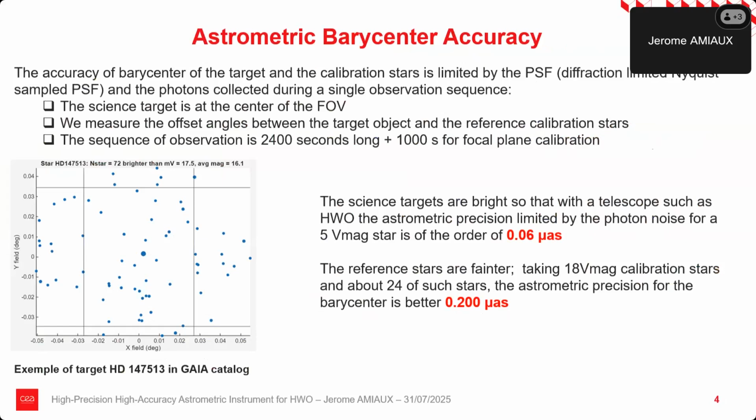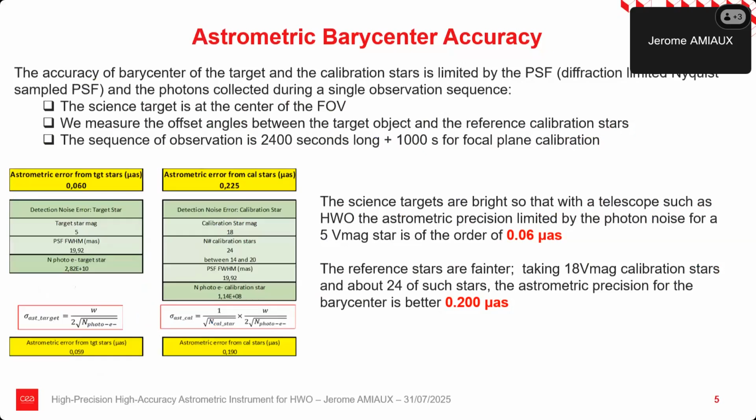This is the target on which we want to detect the exoplanet. And we will have about 20 to 30 calibration stars that allows us to build the referential grid for the relative measurements. So what we have seen is that with the current design, in an observation of typically 2000 seconds per observation, we would be able to meet the allocation that we have put to this astrometric barycenter accuracy.